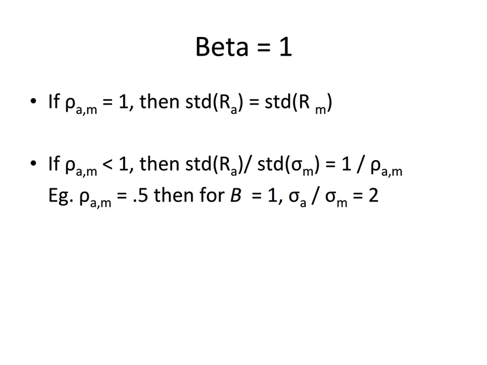If the correlation coefficient is less than 1, then the standard deviation of the asset can be greater than the standard deviation of the market portfolio, and that relationship is given by 1 divided by the correlation coefficient. So if we take an example of a correlation coefficient of 0.5 and we have a beta equal 1, then the standard deviation of the asset is 2 times the market portfolio.